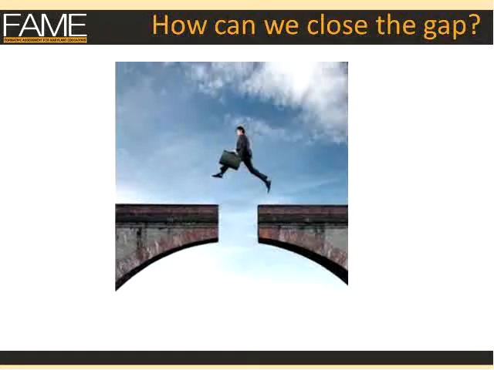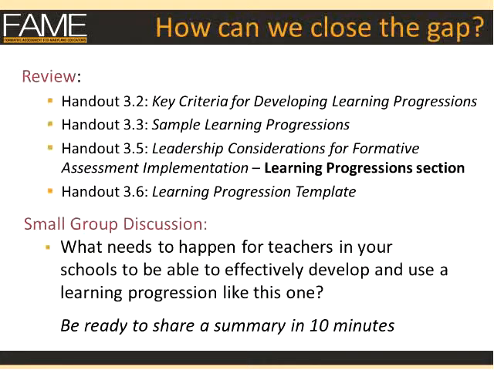So we'll go ahead and move on to, now that we pretty much know where we are, how can we close that gap? So we're going to talk about some more possible next steps, because you guys have done a great job of addressing those so far. This activity asks you to consider what needs to happen at your school to support teachers in developing and using learning progressions as part of formative assessment practice. So refer to that same learning progression you looked at before.